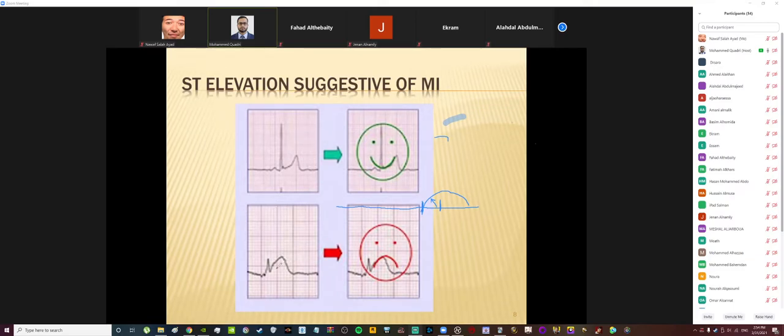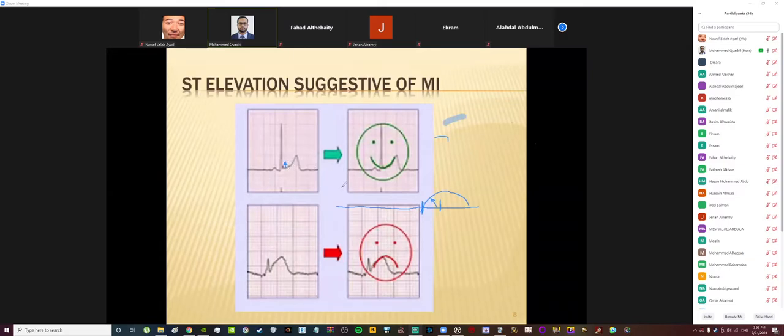The ST segment elevation which you are seeing here, from the isoelectric line, should be more than 2 small squares. So the first condition is that the ST segment should get elevated from the isoelectric line by more than 2 small squares.